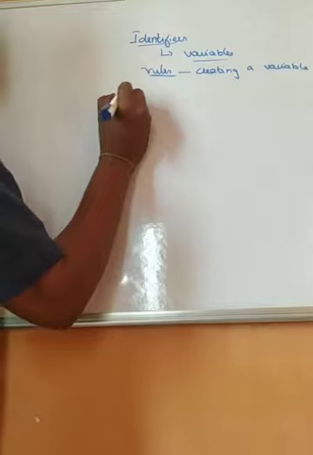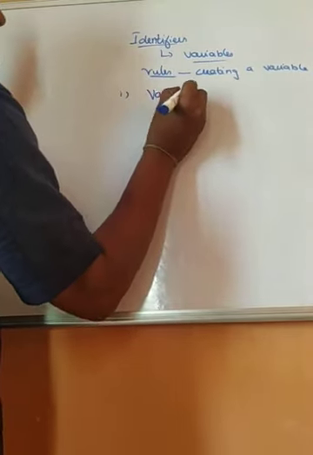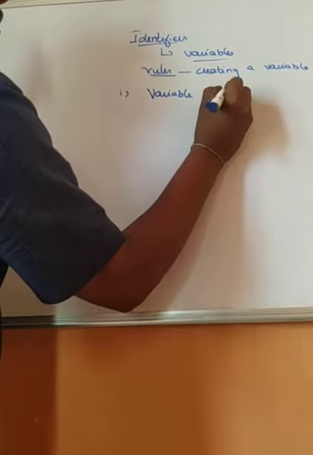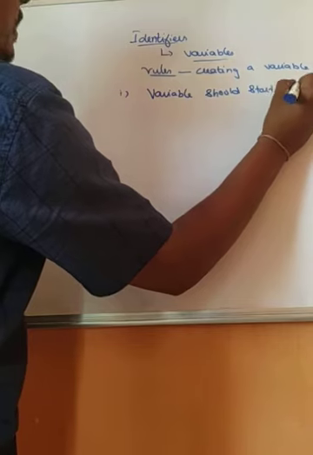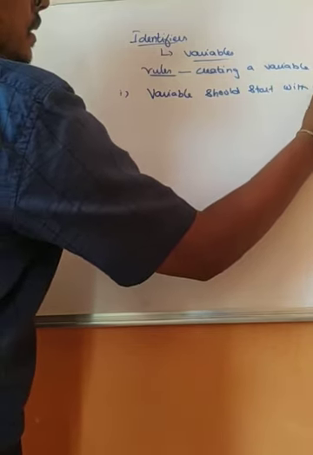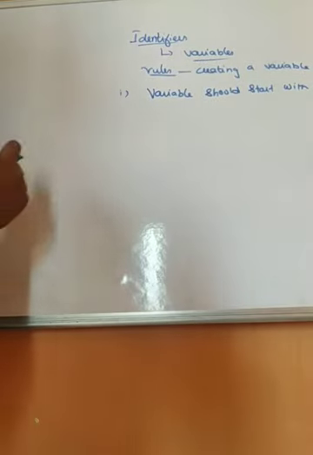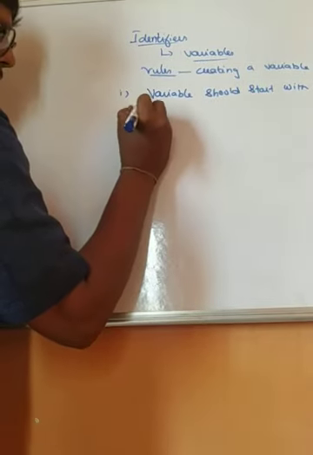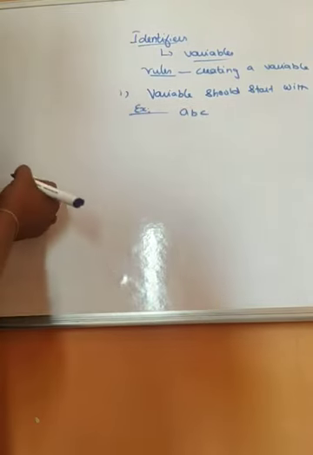The first rule is the variable should not start with a number. It should start with a character. For example, A, B, C, like that.